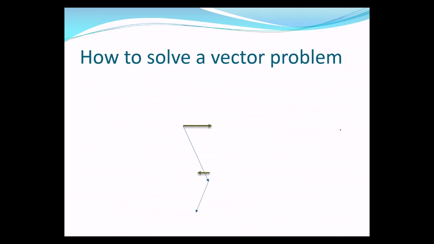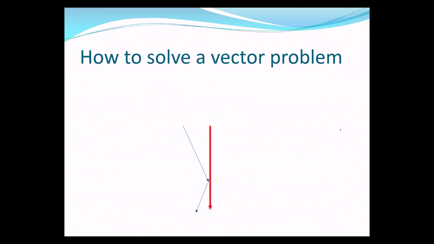And then what we did is we added them together. One is to the right and is bigger, one is to the left and is smaller. So when we add those together, this is what we're left with. Okay, so we're just going to make that go away for a sec. And then we found our y component from one and our y component from the other. You can see that they both go downwards, so they add together. So what we end up getting is a bigger y component.